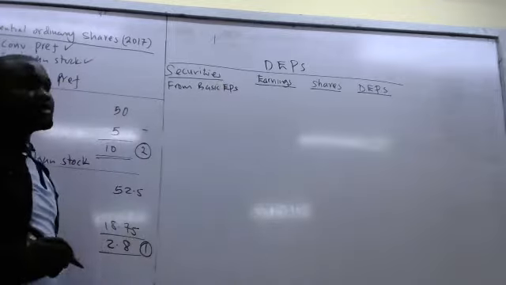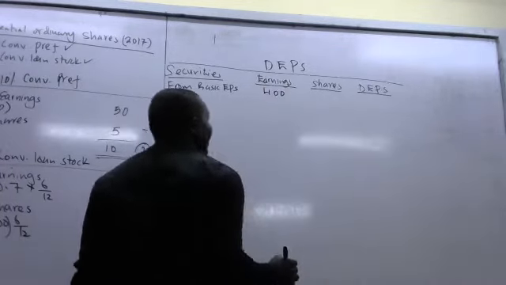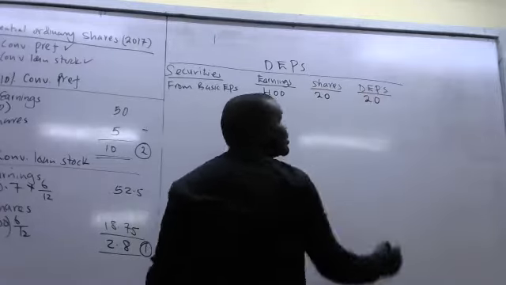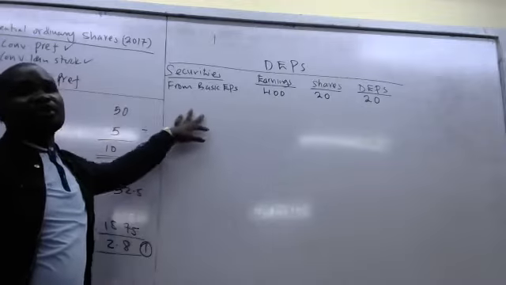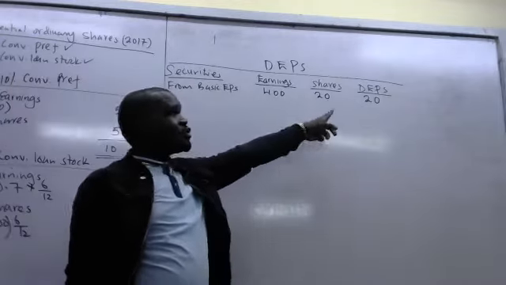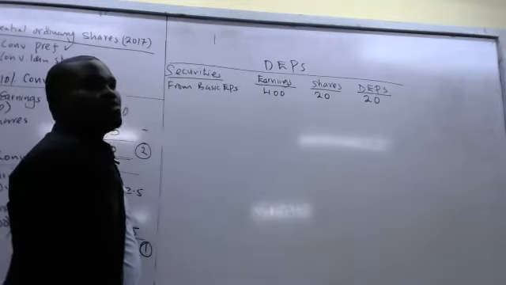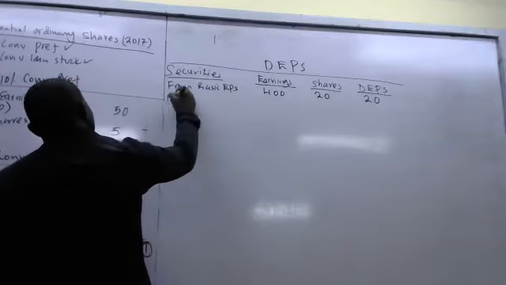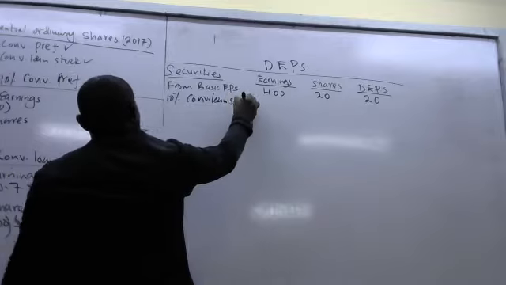From basic EPS, how much were the earnings? This one gave us 20. That is how we calculated the basic EPS in 2017: earnings 400, shares 20, we got 20. Then bring in the potential shares based on their ranks. Number one is the 10% convertible loan stock.